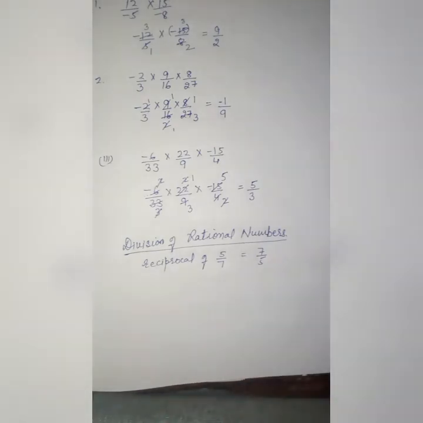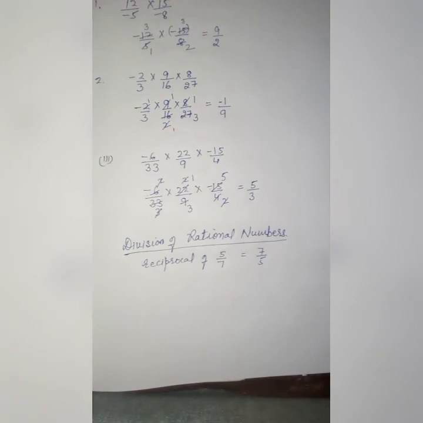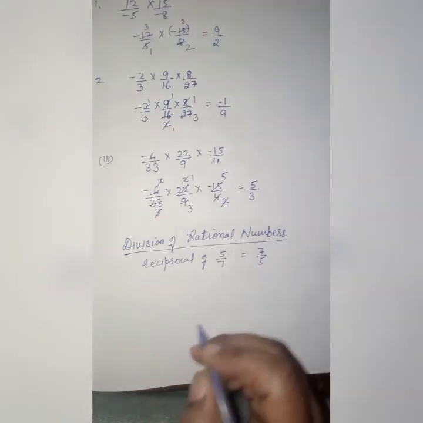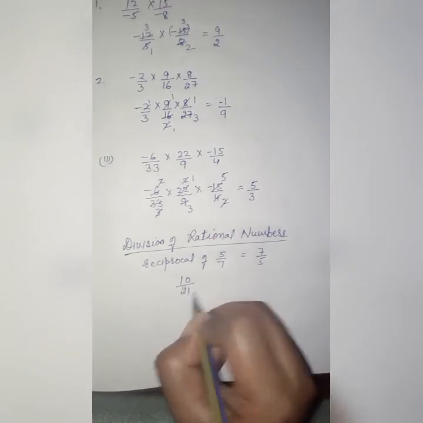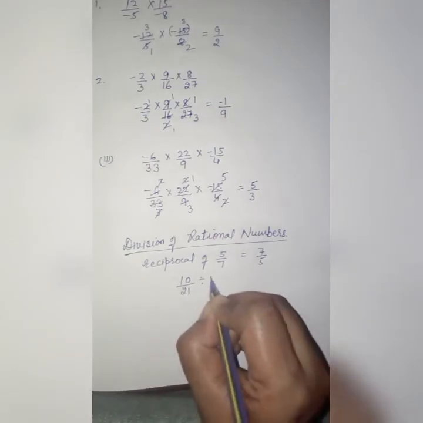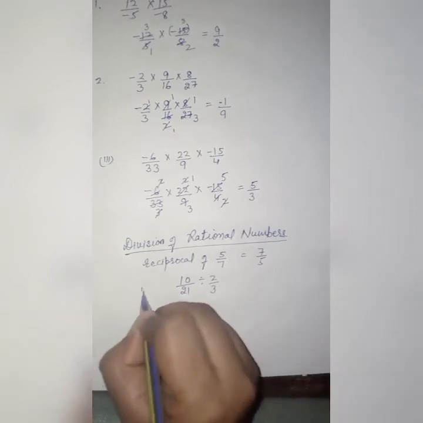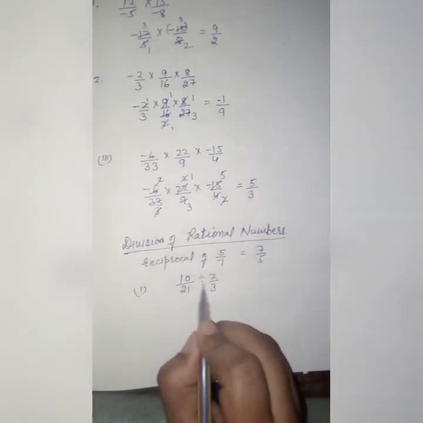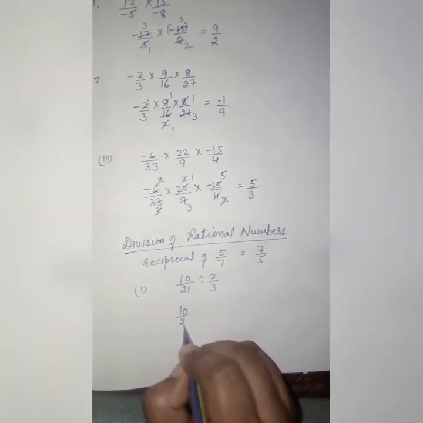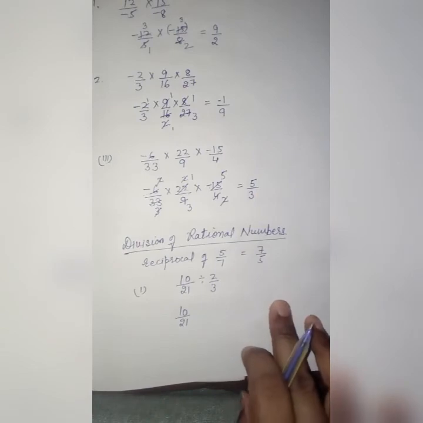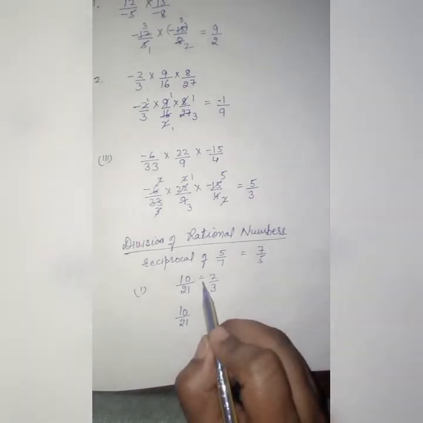See, I am taking one example: divide 10 upon 21 by 2 upon 3. So when you divide two rational numbers, the first number will be written as it is, and then you will change this sign.